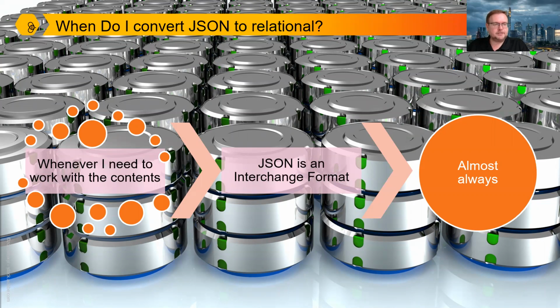The answer is very simple: whenever I need to work with the contents, to query them, to reference them, to do stuff with them. And thinking about JSON as an interchange format, this means almost always. So whenever I'm loading JSON documents into the database, the first thing I do is parse and split them, and store the contents of the documents inside relational tables.